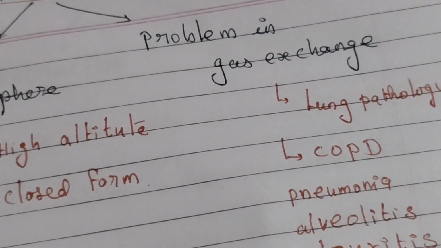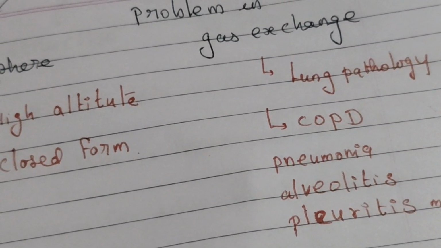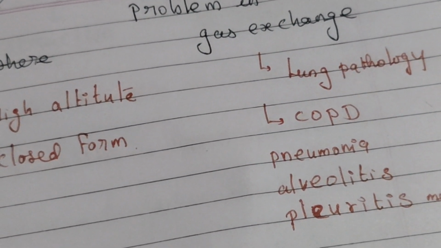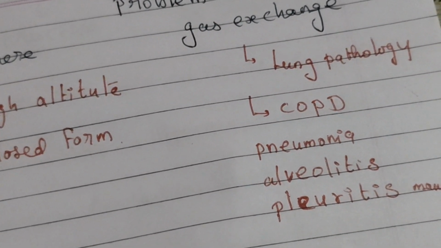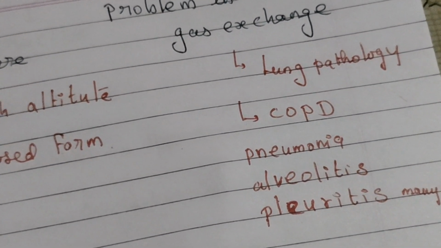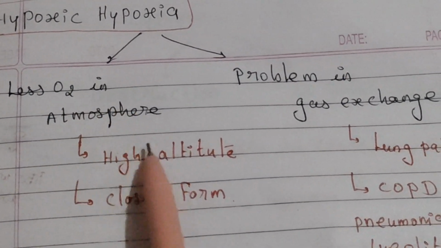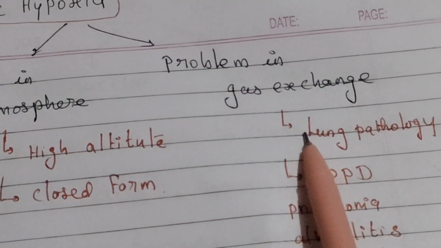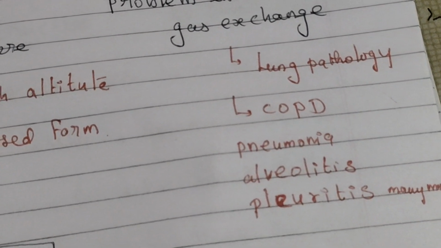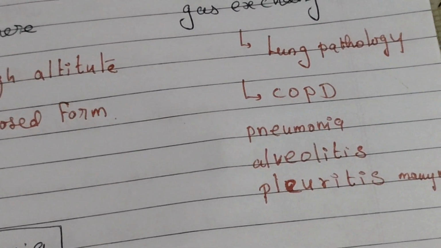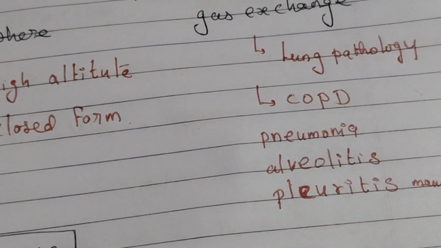It can be because of any lung pathology, like COPD, pneumonia, alveolitis or pleuritis and many more. So this one is either less oxygen in the atmosphere or a problem in gas exchange.